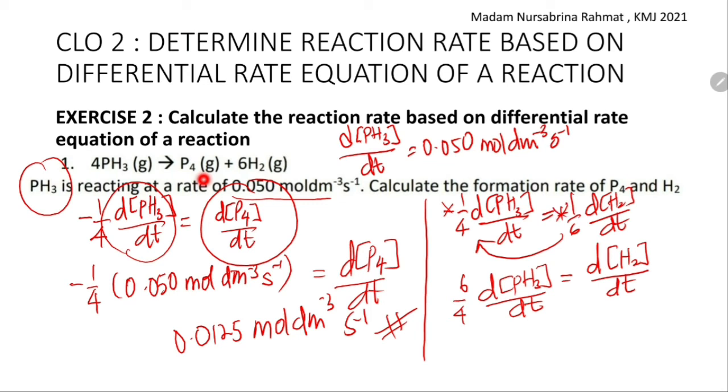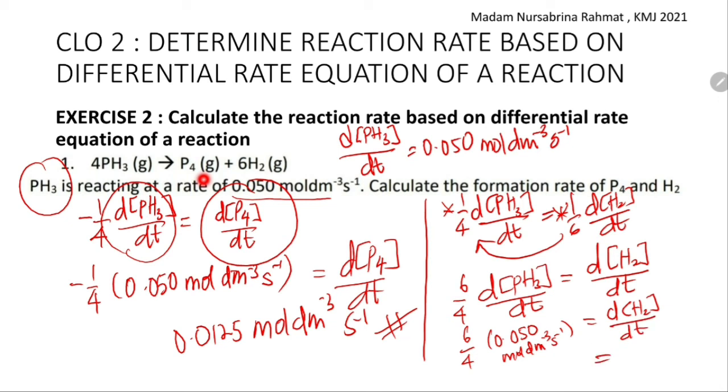Then I'm going to substitute with the value of the reaction rate of my PH3, which is given in the question, 0.050. Always include the unit. Equals to the formation rate for my hydrogen gas.